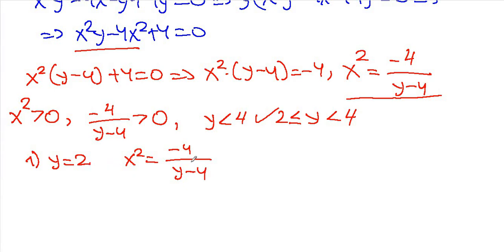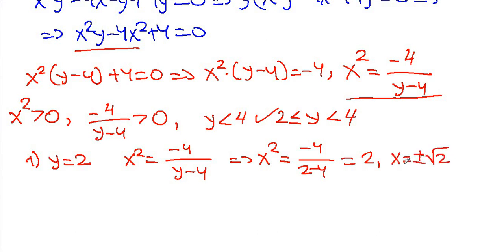So plugging into y this 2 we get that x squared is equal to minus 4 divided by 2 minus 4, which is equal to 2, and here we see that x is equal to plus minus square root of 2. But we cannot take as an answer this solution because we are looking for integer solutions of x and y. So we cannot take it.